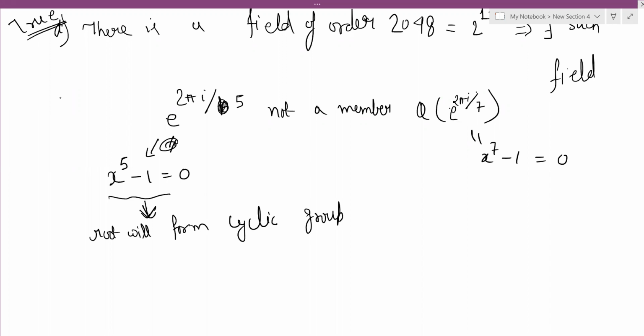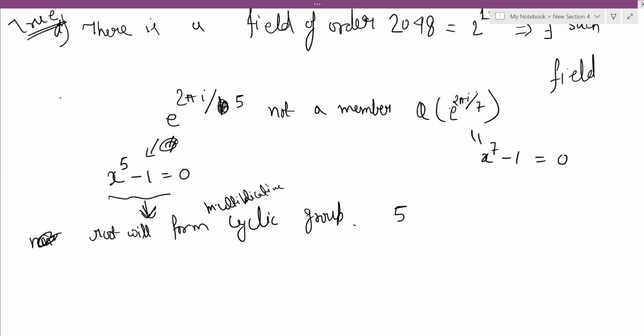Zero is not a root, so they form a multiplicative cyclic group. Here the size is 7 and here the size is 5. So when is a subgroup possible? The order of a subgroup divides the order of the group. This argument you can use here.